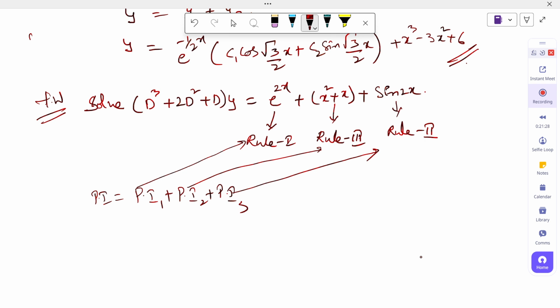Then when you combine it, that's going to be the complete PI. Then write your general solution. It's going to be complementary function plus particular integral. Yes, take this one problem. It's more than enough, because all three methods are covered in that one. Okay, ma'am.